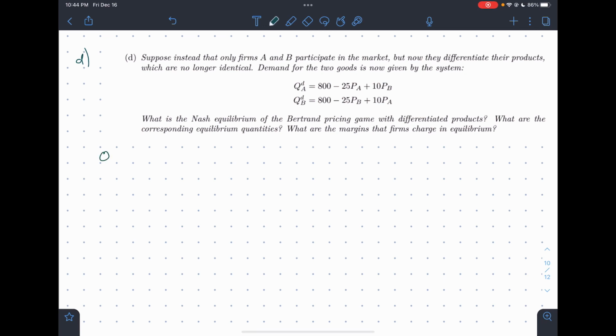So we have QA is 800 minus 25 PA plus 10 PB. Similarly, QB is 800 minus 25 PB plus 10 PA. Okay, so each firm has a different demand function. This is a differentiated Bertrand game.